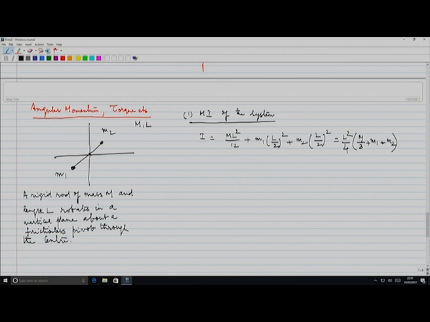Okay. Now, the system can rotate with a constant angular velocity omega. That is one data. So once omega is known, omega can be related to the angular momentum. So the angular momentum of the system, L, can be calculated.